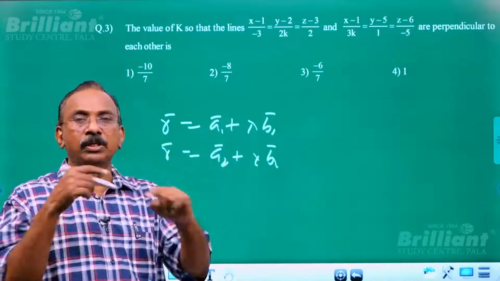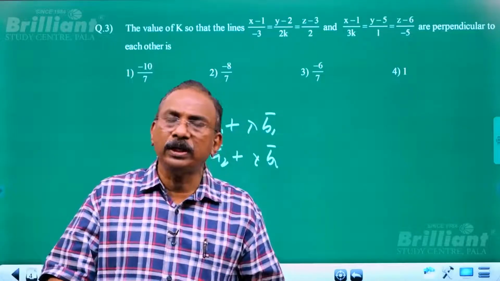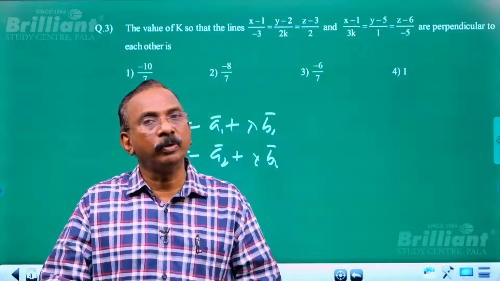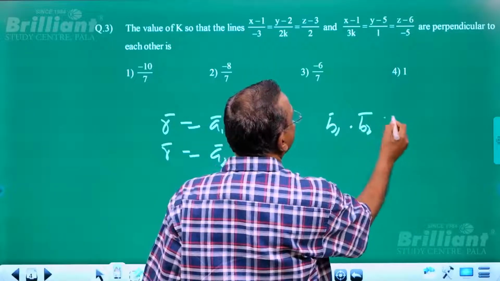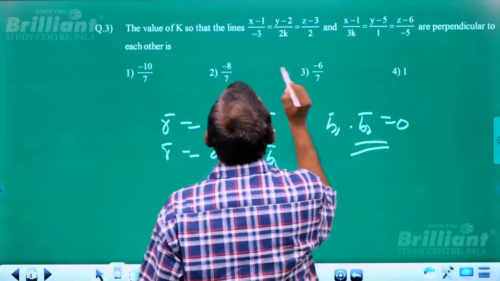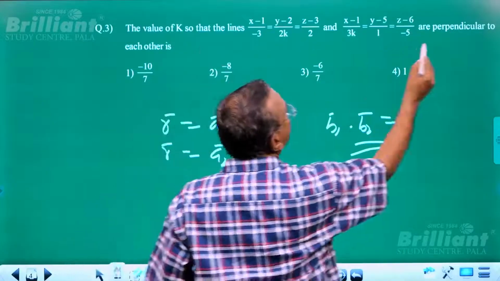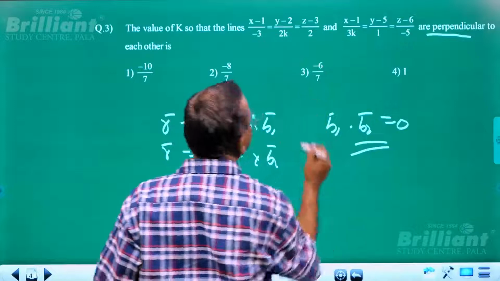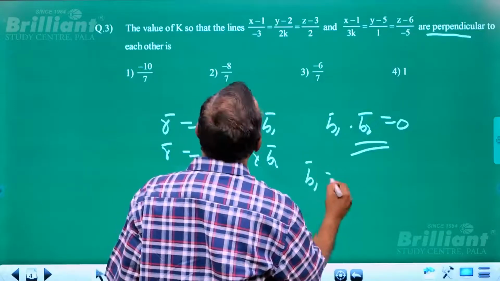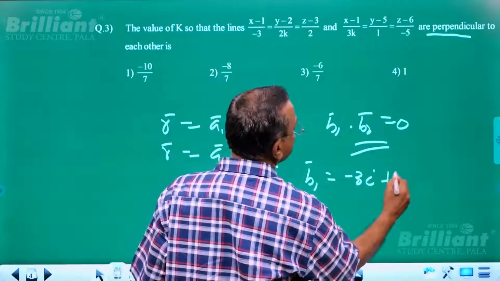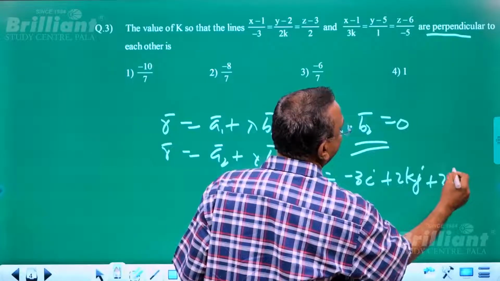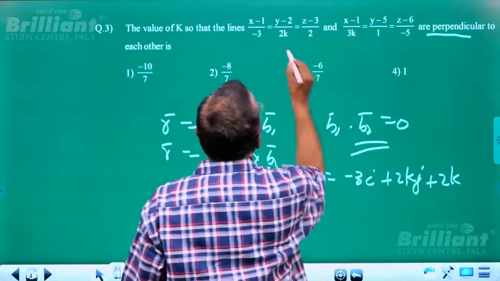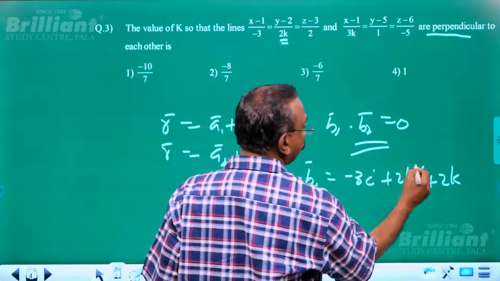Because they are mutually perpendicular, definitely b1 bar dot b2 bar is equal to 0. This is the condition for two perpendicular lines. Then first b1 bar is equal to minus 3i plus 2kj plus 2k. This k is not like this, it's a vector like this.